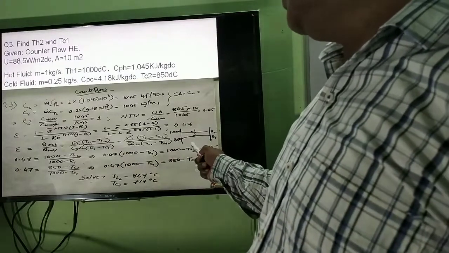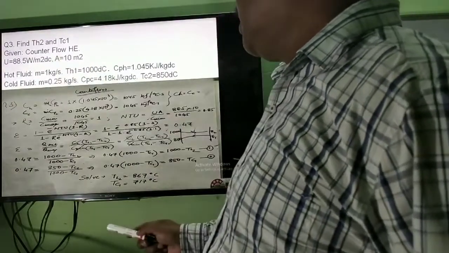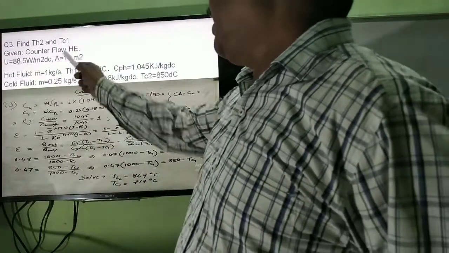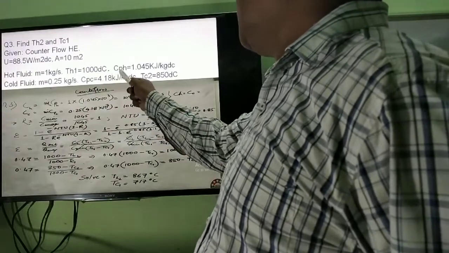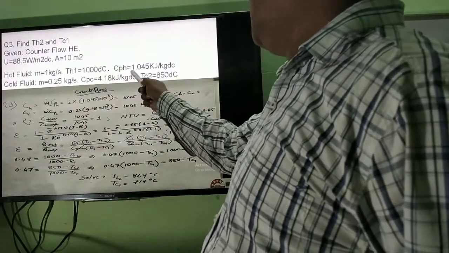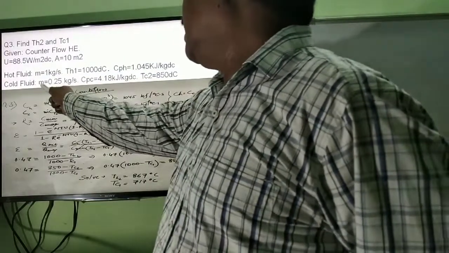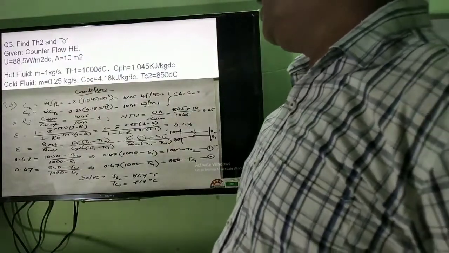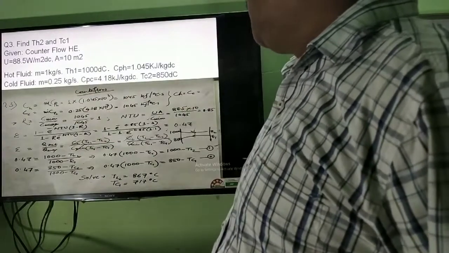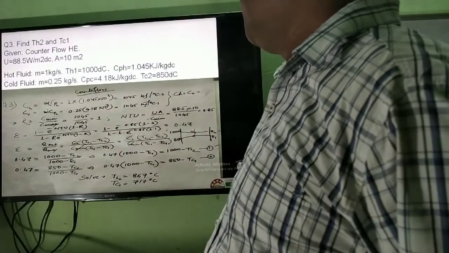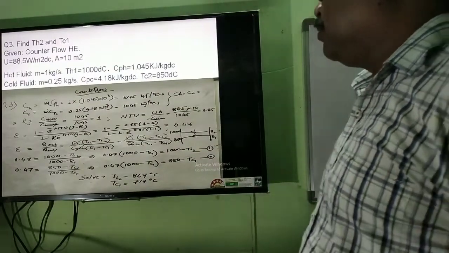From this you see they have given the overall heat transfer coefficient, the area also given, then mass flow rate, entry temperature of hot fluid, specific heat capacity of hot fluid, then for cold fluid the flow rate and specific heat capacity. So put these values.